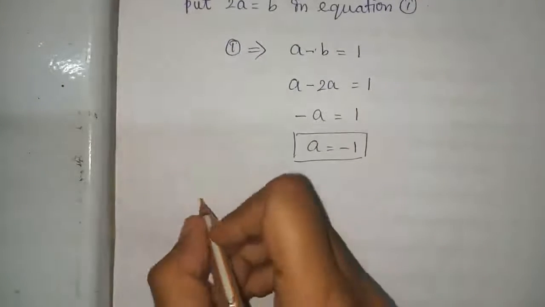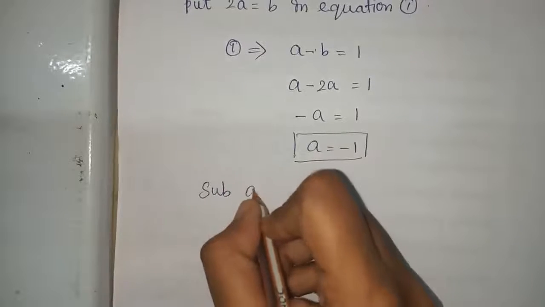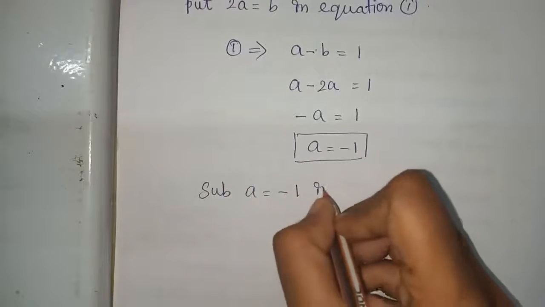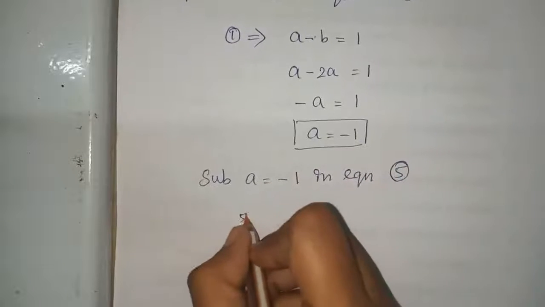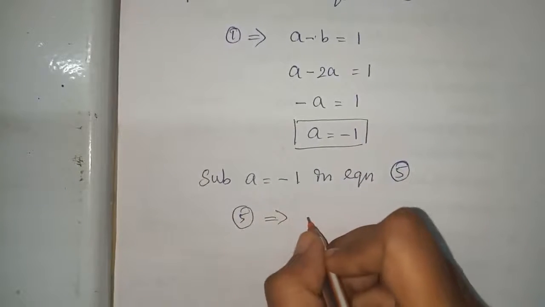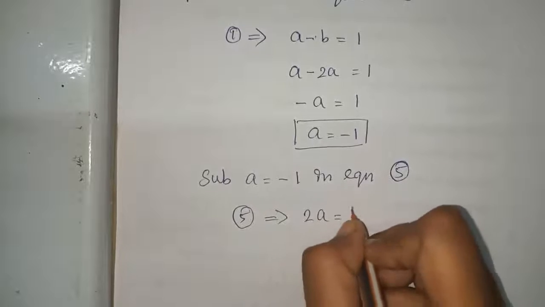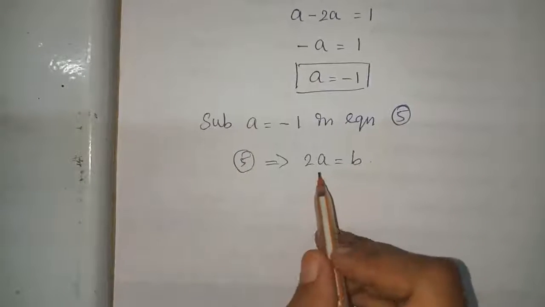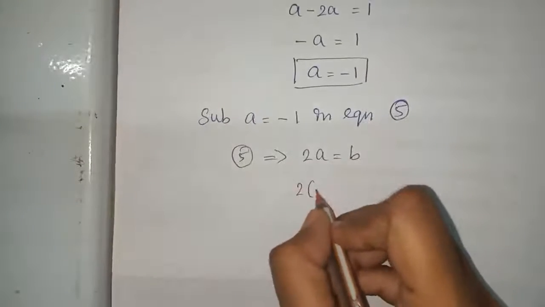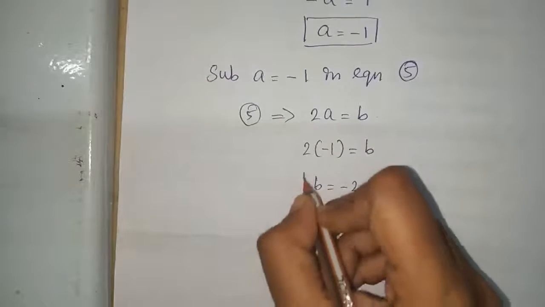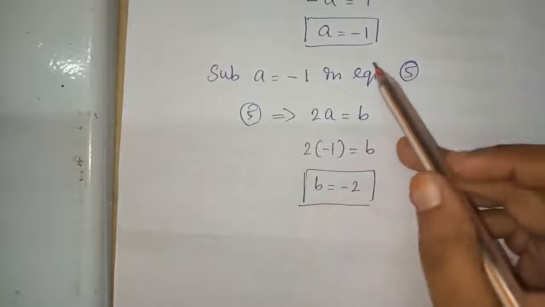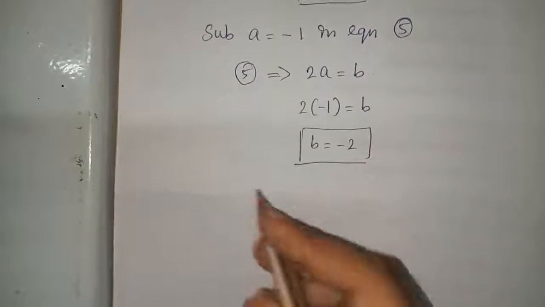The next step is to substitute a equal to minus 1 in equation number 5, which implies 2a is equal to b. Here the a value is minus 1, so 2 into minus 1 is equal to b. b is equal to minus 2. Now we have found the values of a and b.